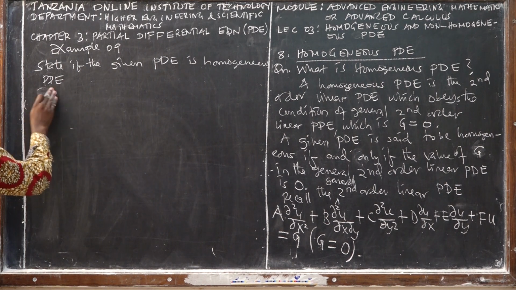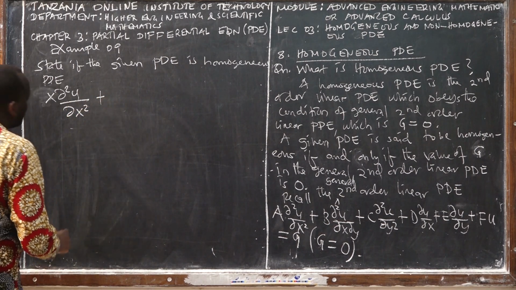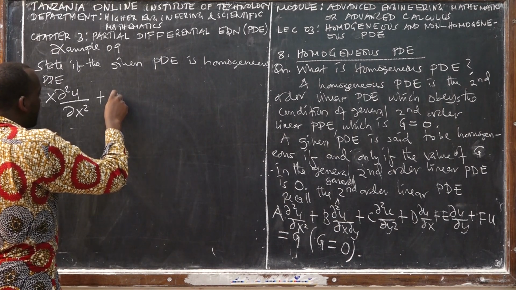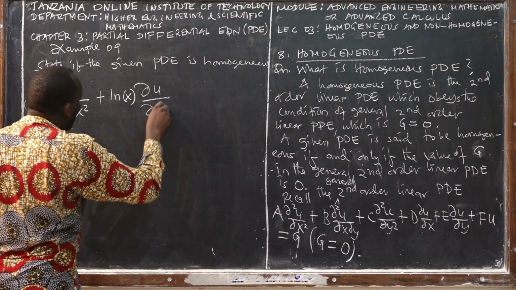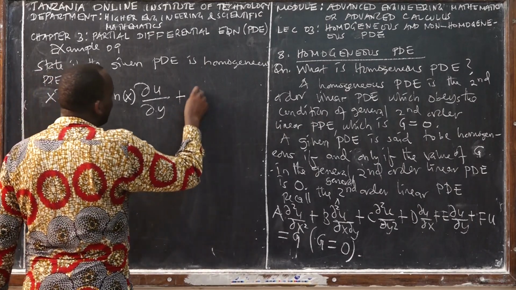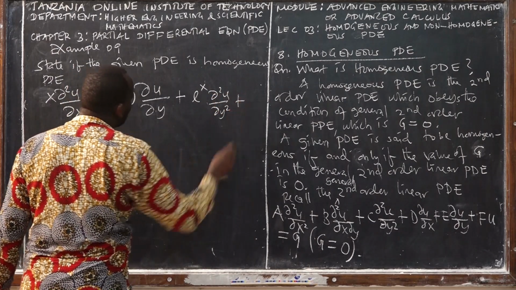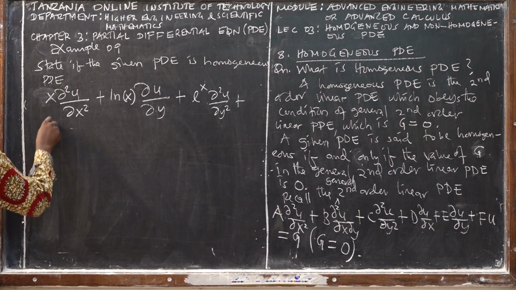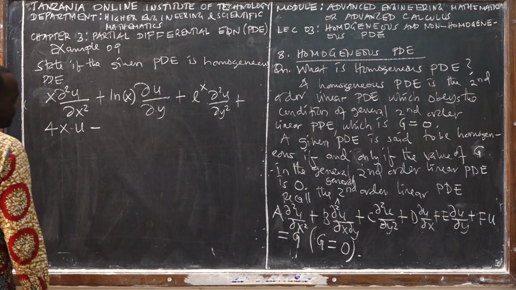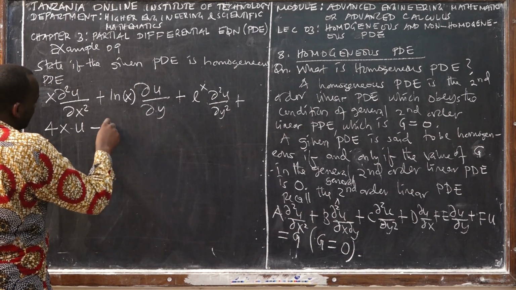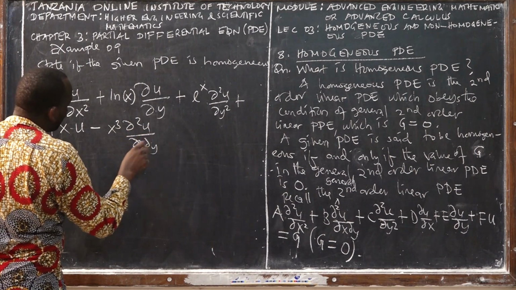So we've been given x, second partial derivative of u with respect to x, plus ln of x, partial derivative of u with respect to y, plus e power x, then second derivative of u with respect to y, plus 4x u minus x cubed, then second partial derivative of u with respect to x with respect to y.